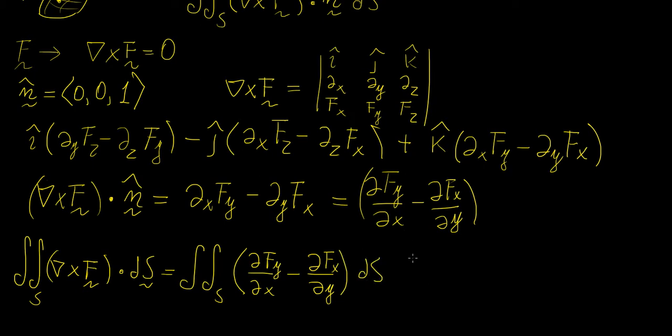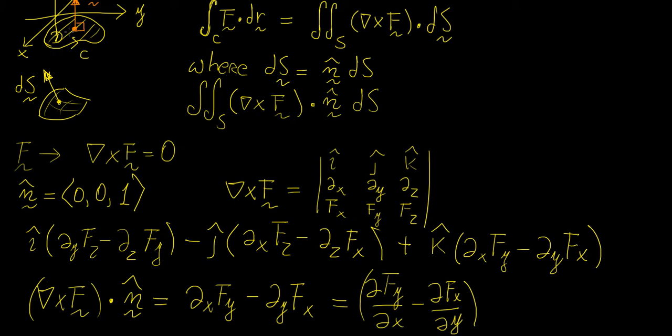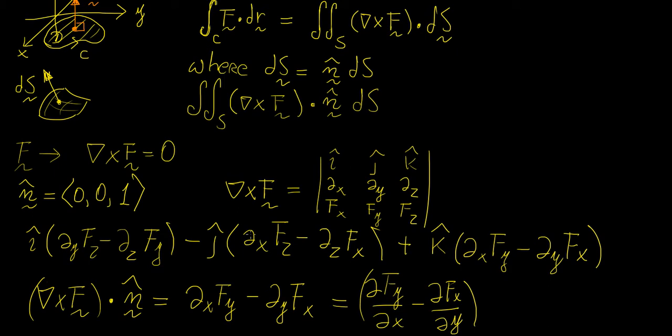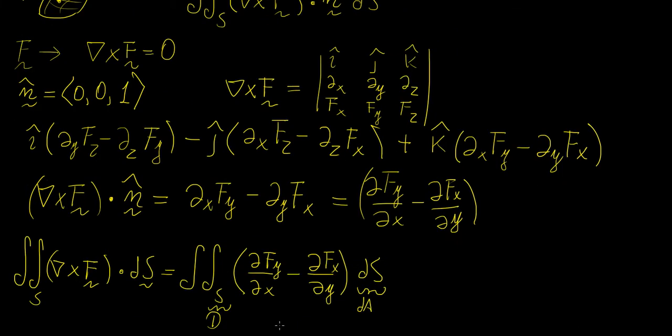But in this case, the surface area is essentially just an area that is flat. So in essence, this is the same as just saying some area A, so dA. And this is the same as saying some region D, because it is essentially going to be the same region. So this is how you get Green's theorem from Stokes' theorem.